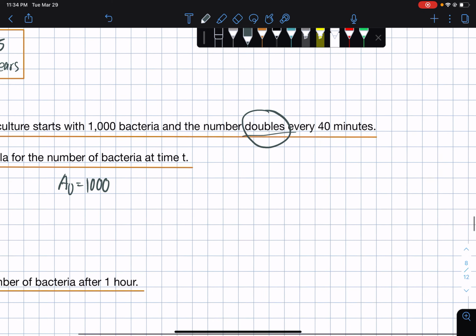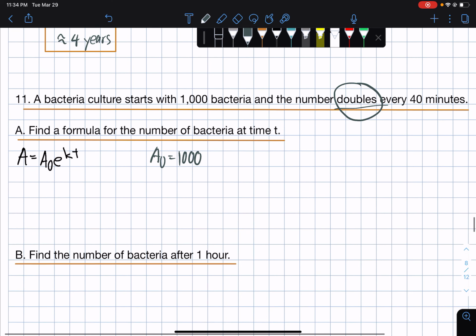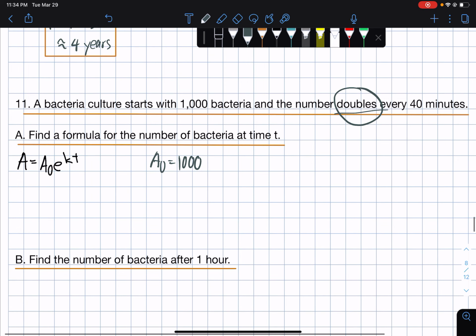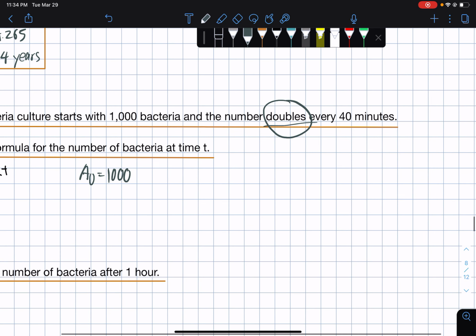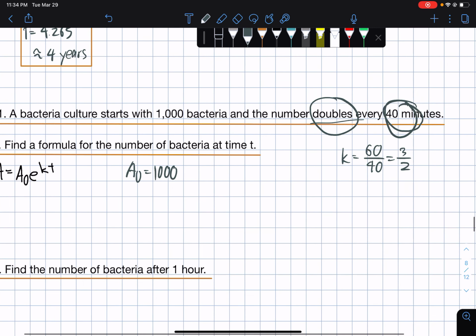In order to solve for k, we're not given much other details apart from the number doubles every 40 minutes. We could make use of the 40 minutes. In order to solve for k, it's basically 1 hour over the given 40 minutes, which is basically 3 over 2. So that's our k. k is 3 over 2.